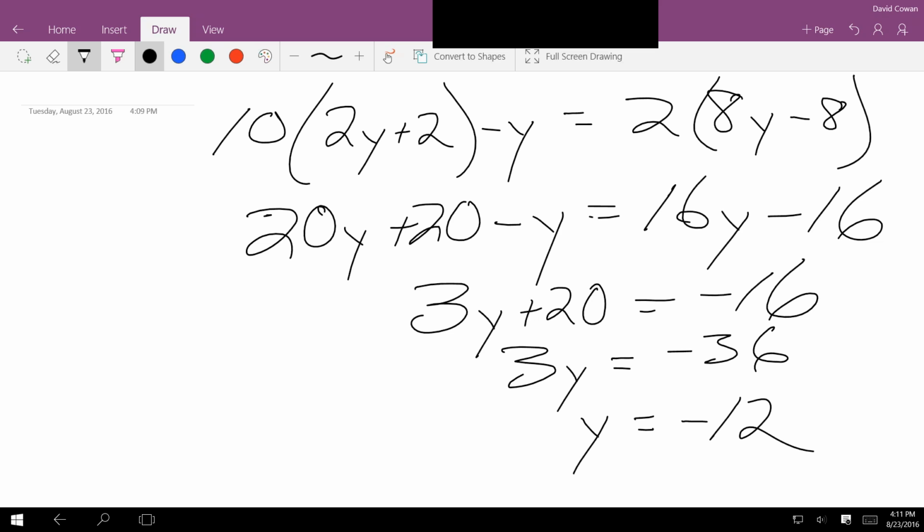What do you mean when you plugged it in? So I also have to check my solution. In other words, when you substitute minus 12 for y, you didn't get it to be an equation? Yeah. Let's do it.